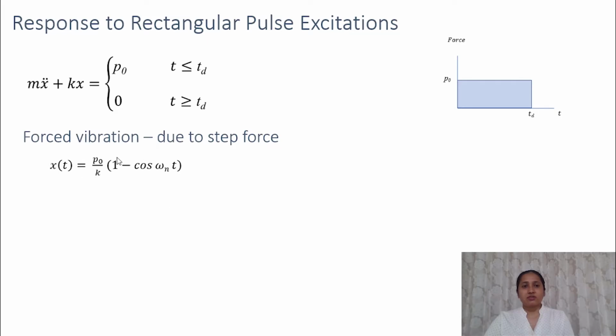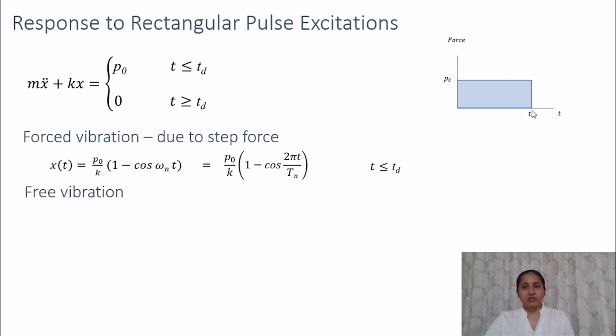So the response is the same as for a step force with magnitude P naught: x equals P naught by k times 1 minus cos omega n t. We are considering an undamped system, so there is no damping and the response is in terms of omega n. We can rewrite this in terms of natural period, and we would get this expression. This response is valid when t is less than Td.